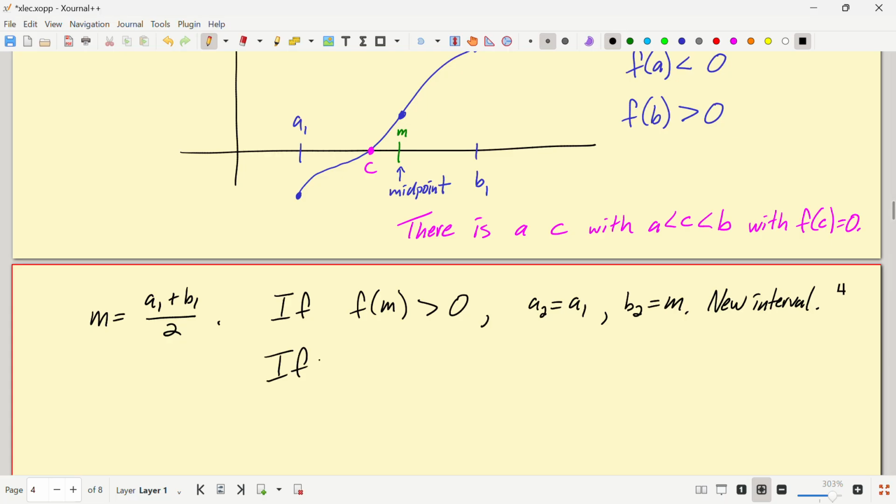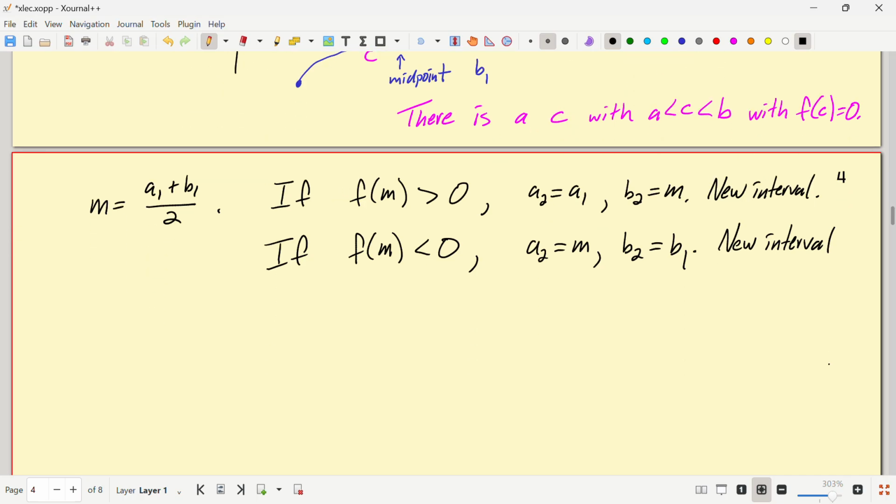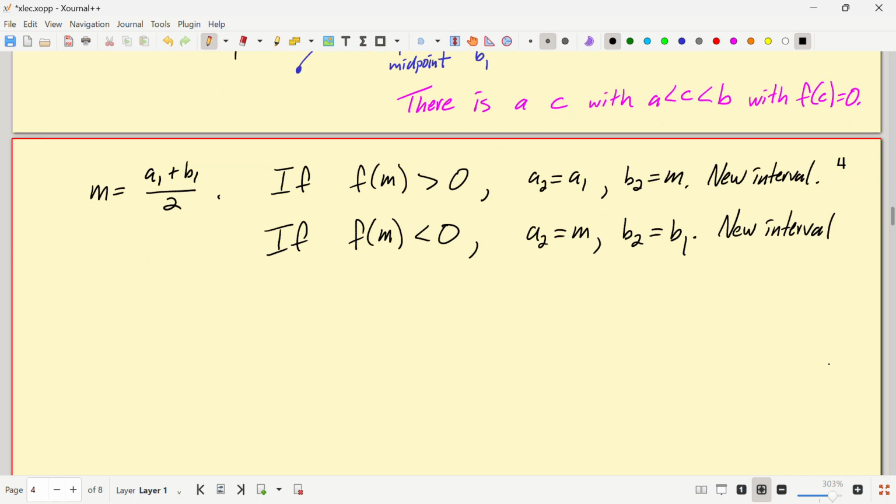And if it's negative, then I'd have a positive thing on the right and a negative one on the left. My new interval would be A2 would be the midpoint, and B2 would be B1, the next interval. I guess remember the trichotomy thing.